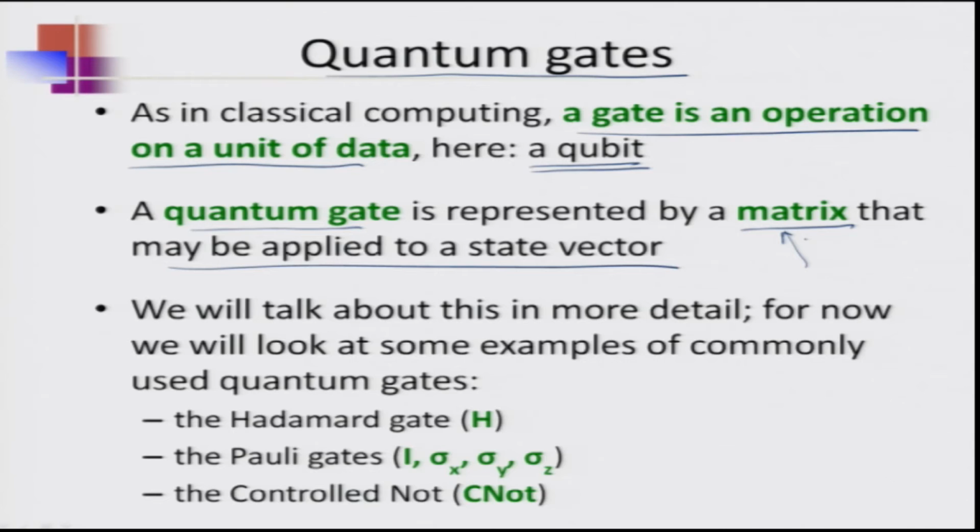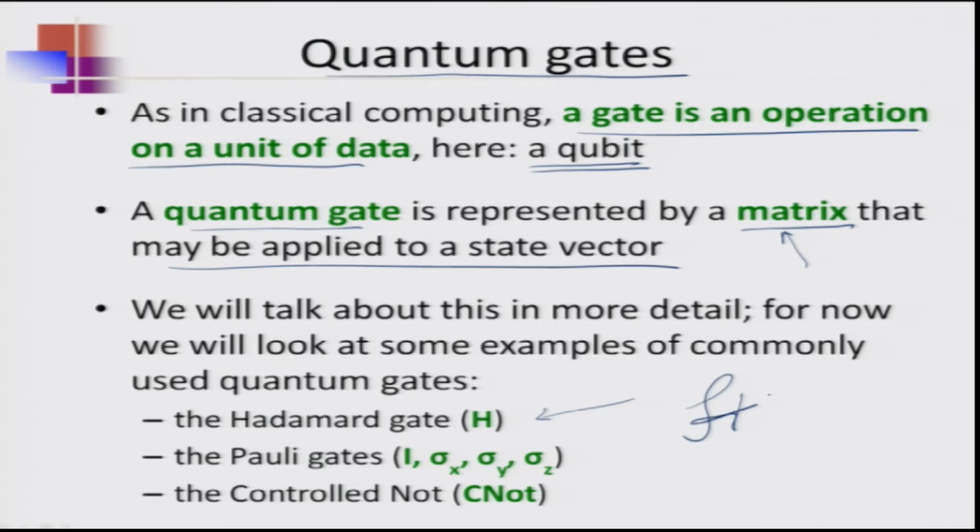Now, we will talk about this in more detail later, but for now let us look at some examples of commonly used gates. This is important here. So, let us start with some of the gates. One of them is called the Hadamard gate, and it is represented by different notations. Unfortunately, the Hadamard gate representation is H, which is very close to the Hamiltonian.